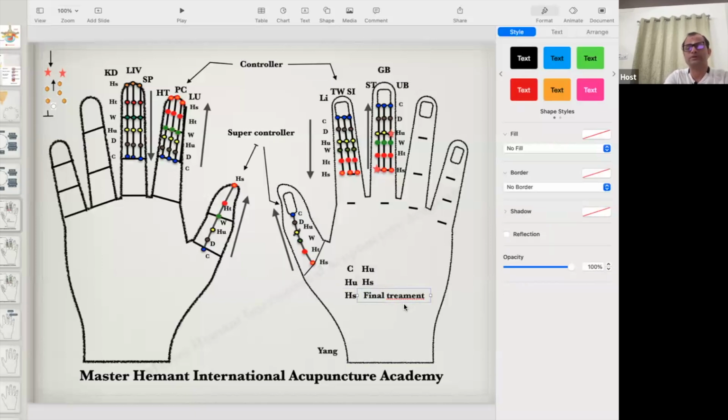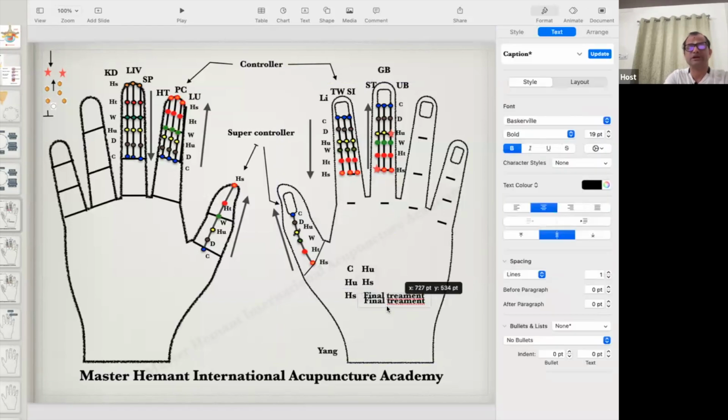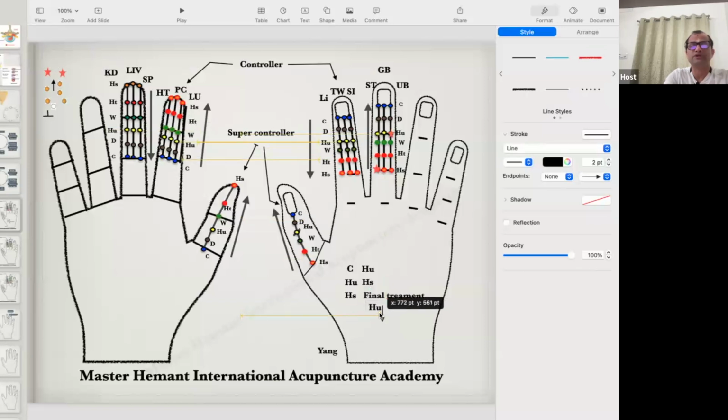So what is the treatment? Dull pain, we discussed. What is dull pain? Dull pain is humidity plus pulse. So humidity is sedation, so I am sedating the humidity.